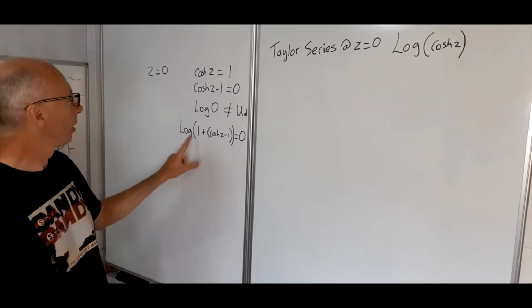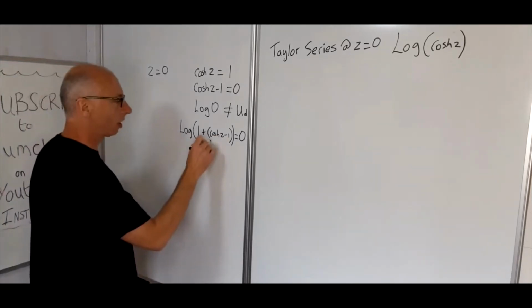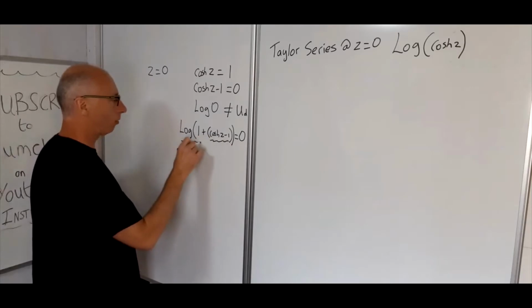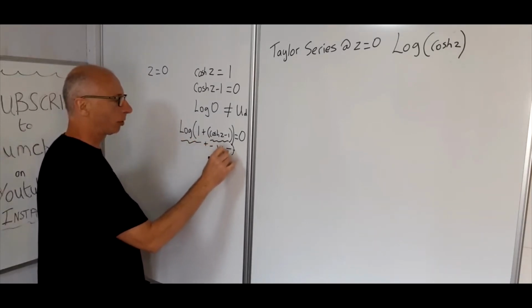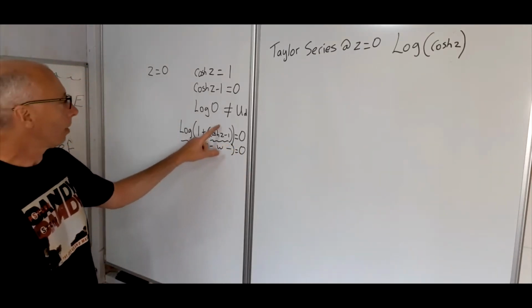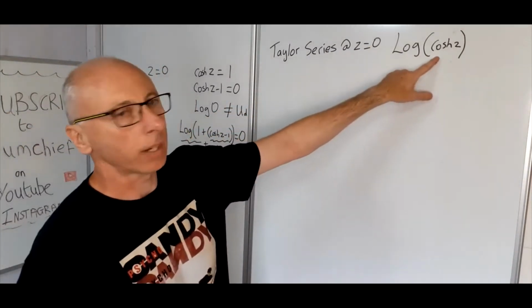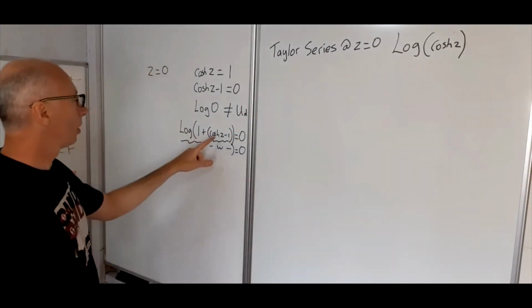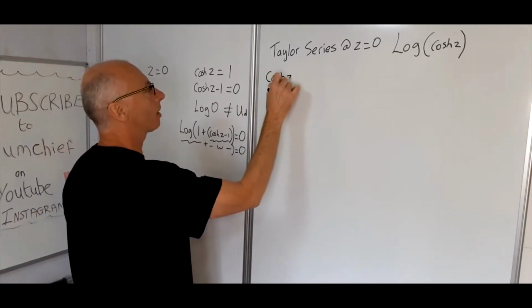So then we need the Taylor series for cosh of z minus 1, so this one, and then the log of 1 plus something, so we use variable w here. So those are the Taylor series that we need to be able to use to get the answer to that question. So cosh of z, well, we know what cosh of z is as a Taylor series.